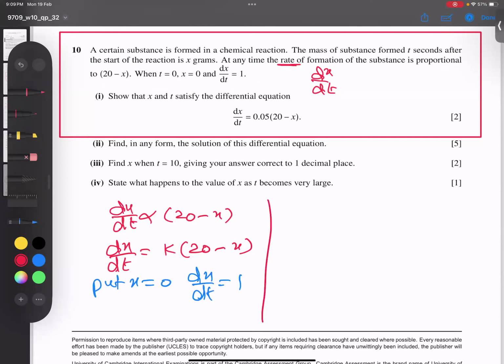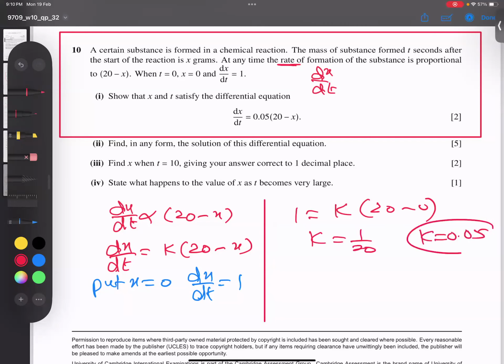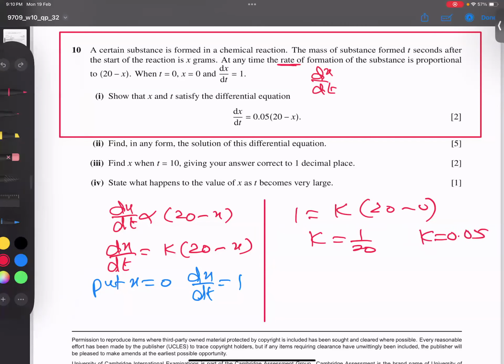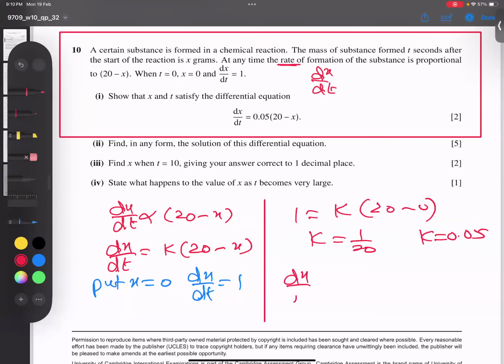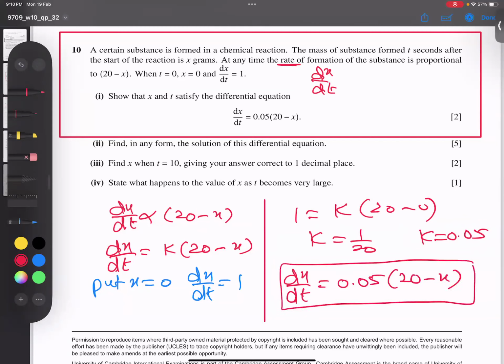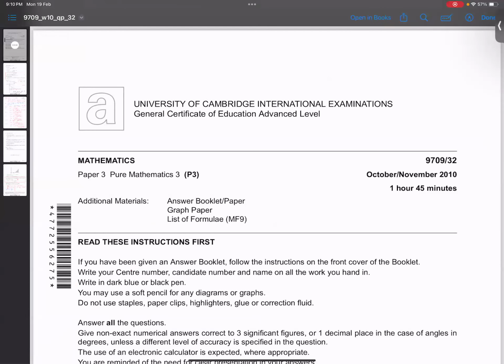So when I use it here, this 1 comes here, and k times 20 minus 0, and ultimately this 20 will go down, and k value becomes 1 by 20 or 0.05. This value I plug back in the equation, and Alhamdulillah Rabbil Alameen, finally I get my answer. And I believe this is nothing hard at all. Proved. So this is done, and let's go for the next one.